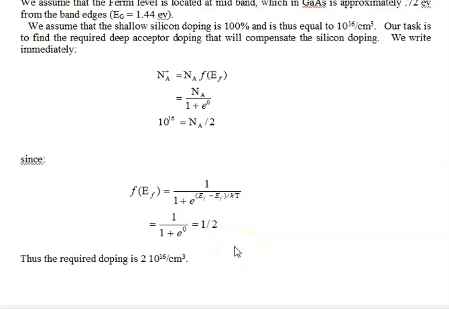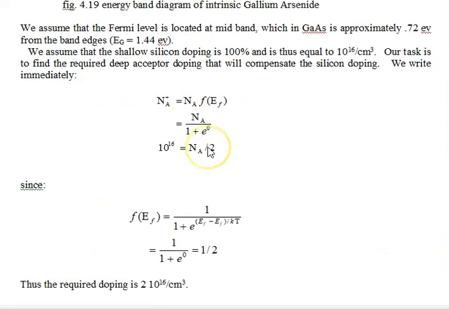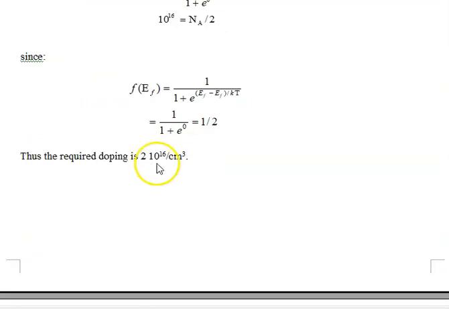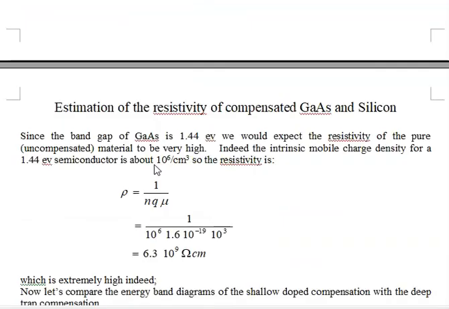So the required doping then is N_A is 2 times N_A^+. So if, for example, we have 10^16 shallow donors, we put in 2 times 10^16 of deep acceptors. Okay, that's a big deal.